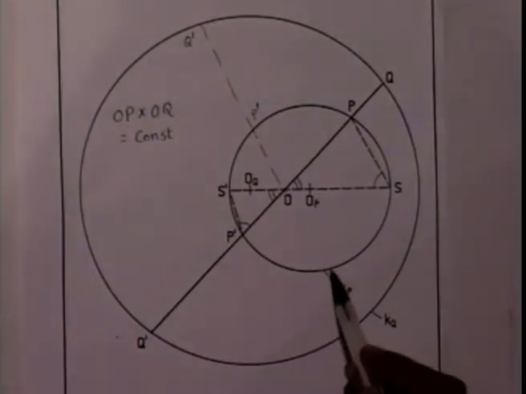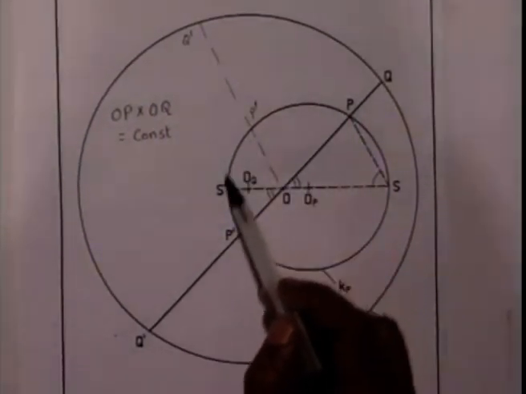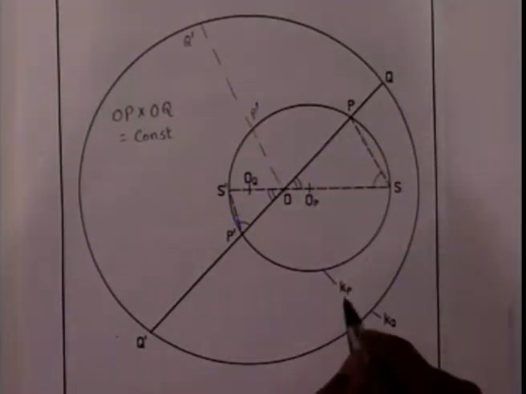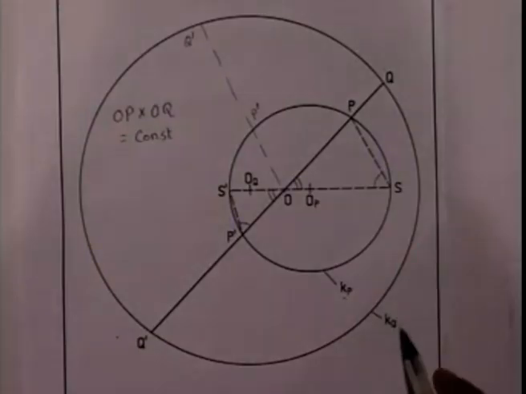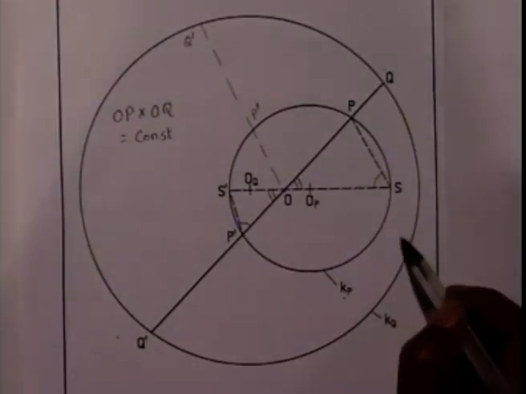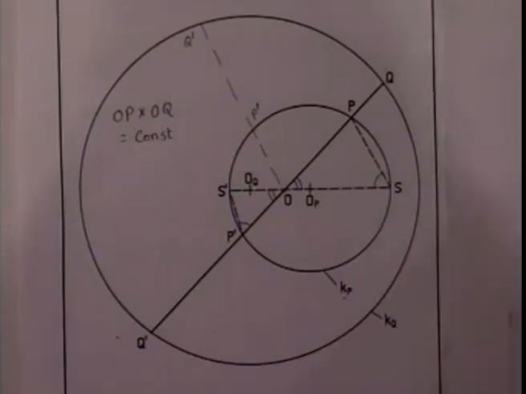In such a situation, if P generates a circle which I have called Kp, then Q will also generate another circle which I have called Kq. So these are the inverses of each other.